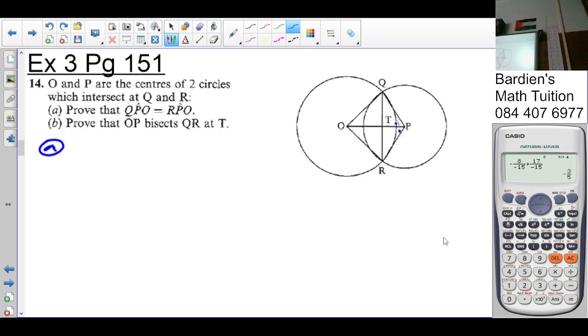Why? Because we will be able to say that this is equal to that, that's your common side. Then we either need a side or an angle. If you're going with the angle, it must be the included angle. But that's the angle I'm going to prove anyway. They asked me to prove it, so I can't use that. We're going to go with the fact that this is a kite. You'll see now why.